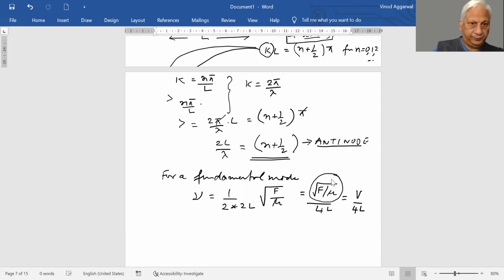So in the fundamental mode, our frequency becomes velocity divided by 4L.